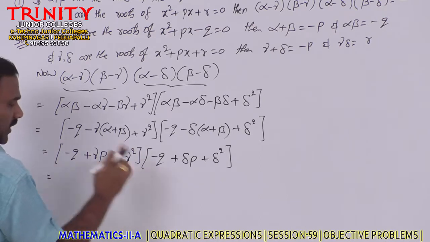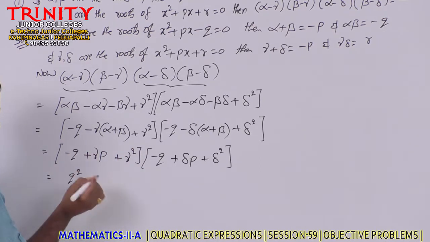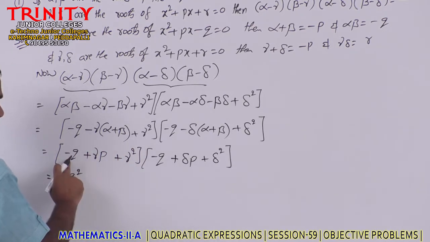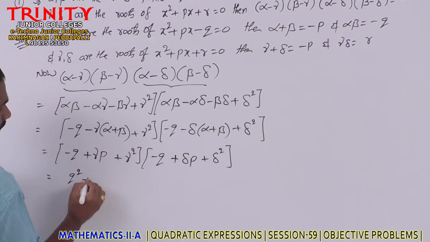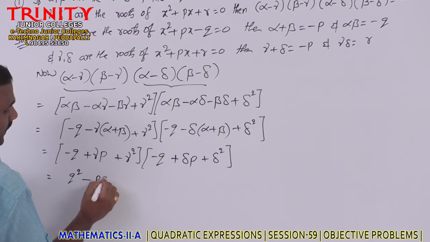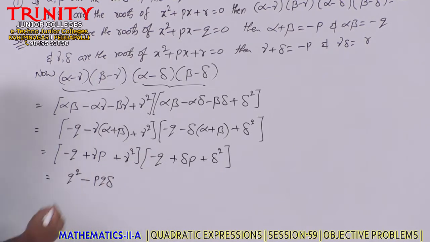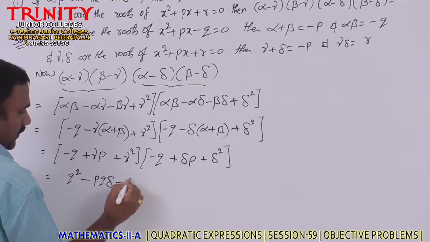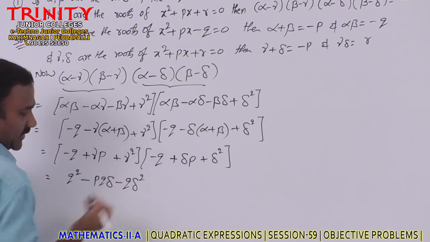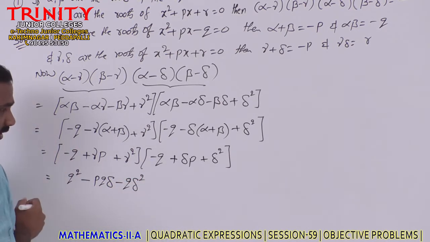Now go for multiplication. Minus q into minus q is q square, minus q into delta p, minus pq delta, minus q into delta square, minus q delta square; with q multiplication over.